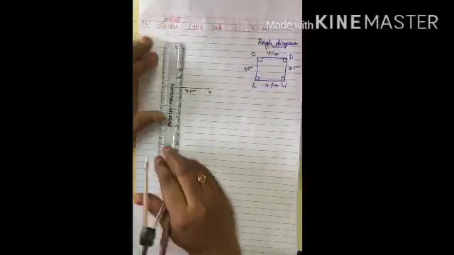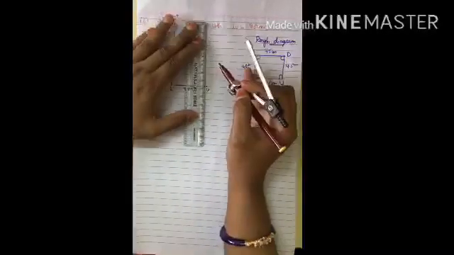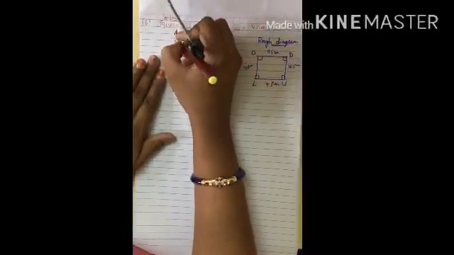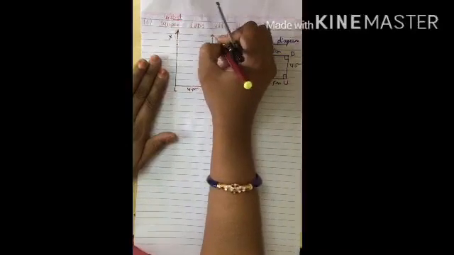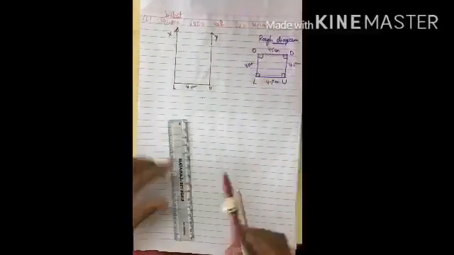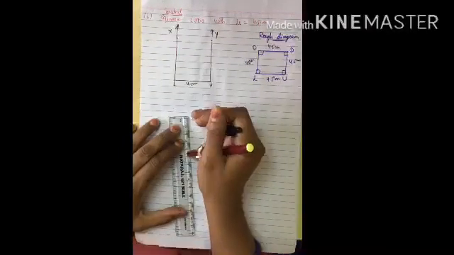Now take a ruler and join these points. So these are rays X, Y. Okay, now next from U to here 4.5. So take how much radius? 4.5 centimeters.